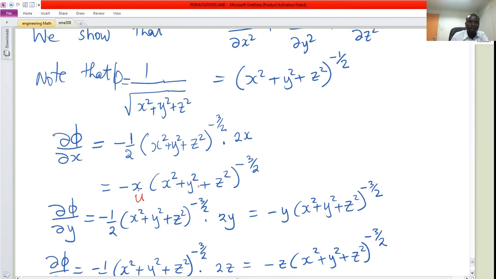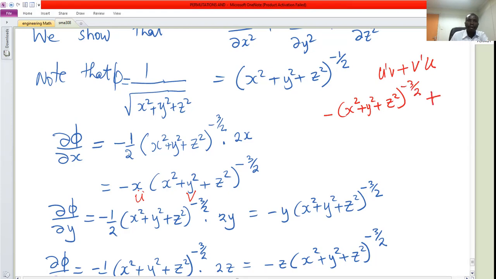This is u, and all this bracket with this power, call it v. So by product rule, we have u prime v plus v prime u. So u prime is -1. So we'll have just negative (x squared plus y squared plus z squared) raised to negative 3/2.